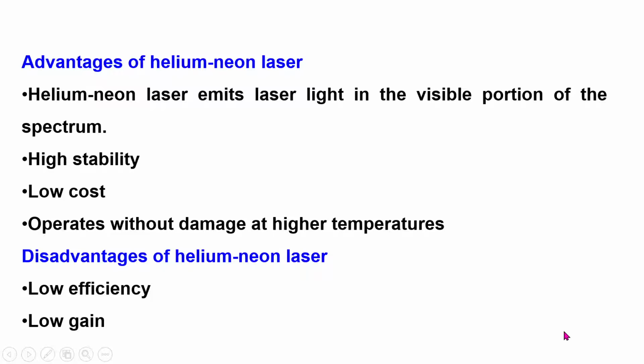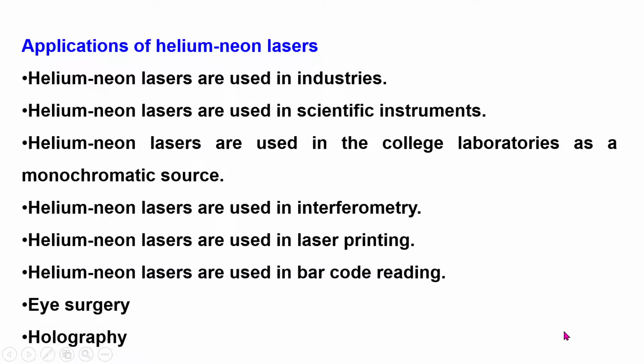The second one is that it has high stability. The helium neon laser has low cost and also operates without damage at higher temperatures. Simultaneously, there are some disadvantages of the helium neon laser, such as low efficiency and low gain.